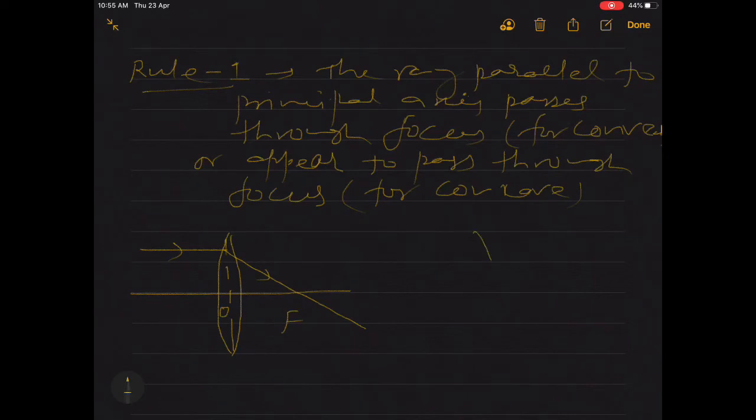On the other hand, when we talk about the concave lens, this ray diverges, and when we produce it backward, it appears to pass through the focus.